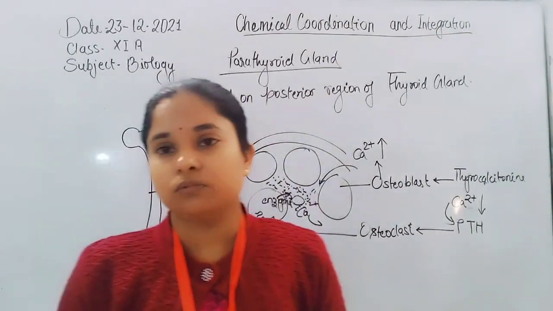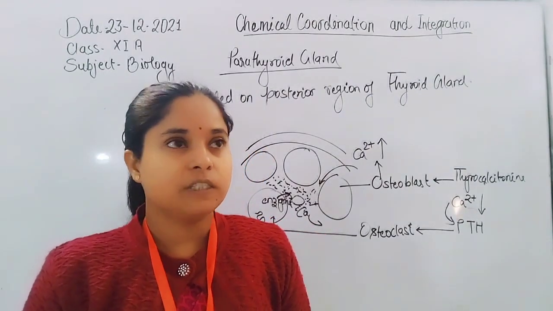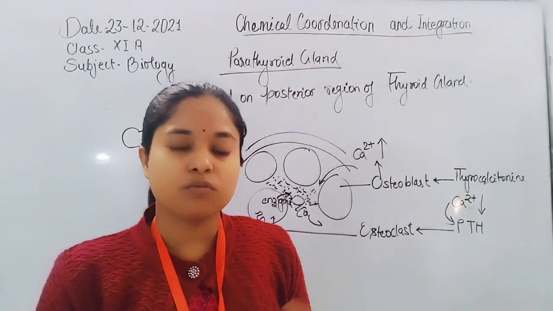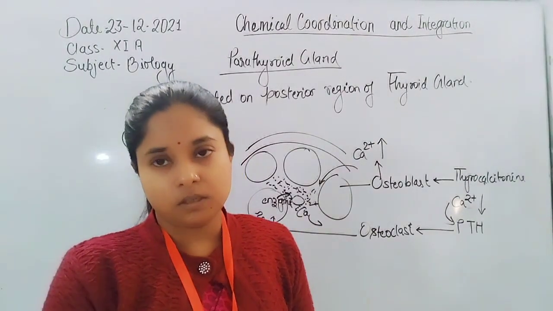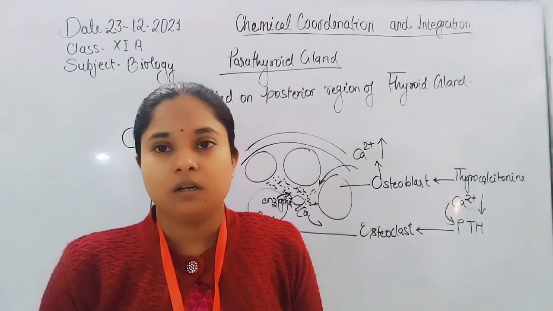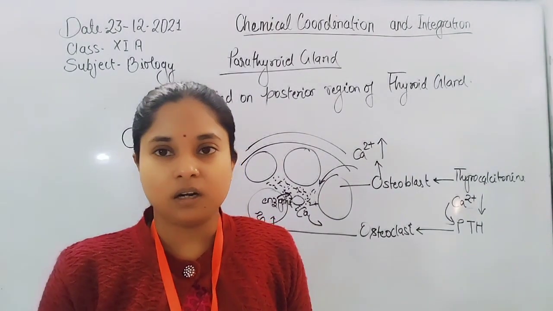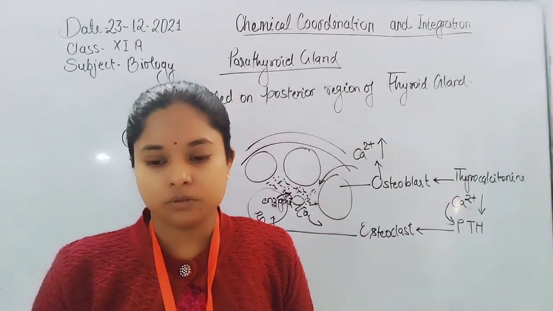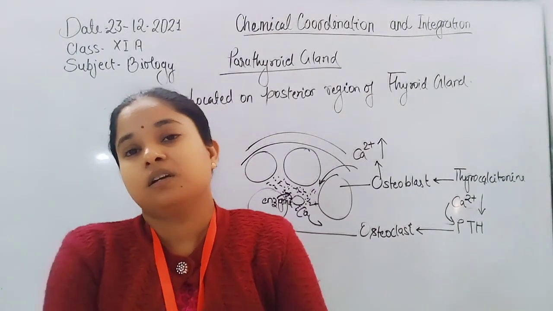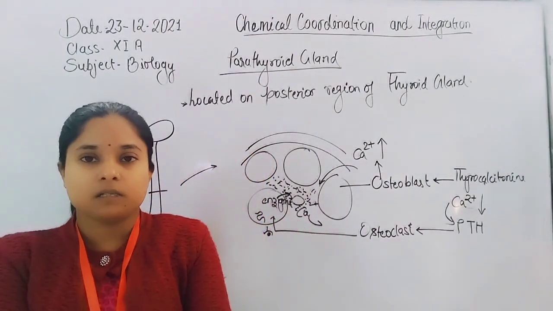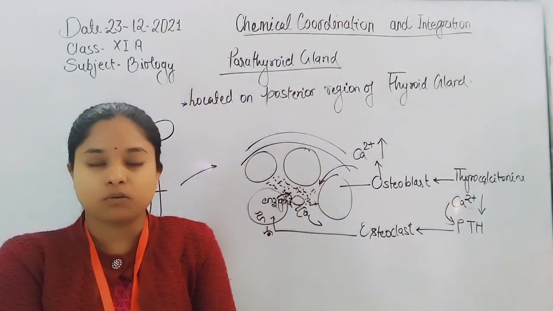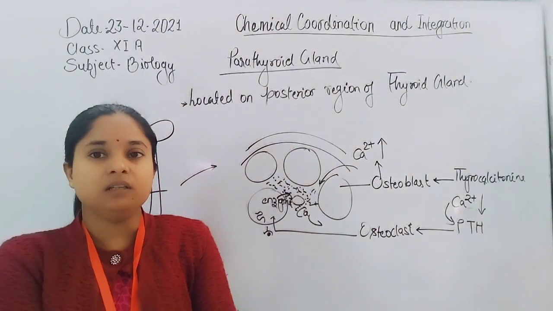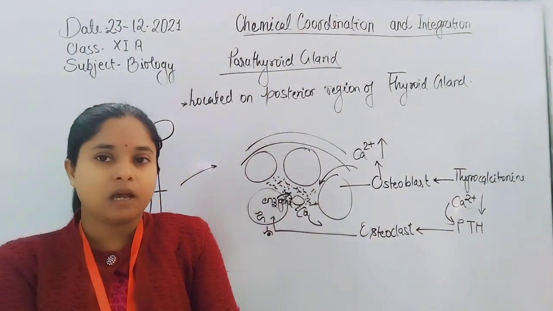There are so many diseases related to the PTH hormone, like rickets, which is associated with vitamin D. If the person is not taking calcium, it is quite common in children if the child's diet is not controlled by their parents. So if the calcium ion with vitamin D is not maintained in that person, rickets will be caused, because only in the presence of vitamin D is intestinal calcium ion absorbed.